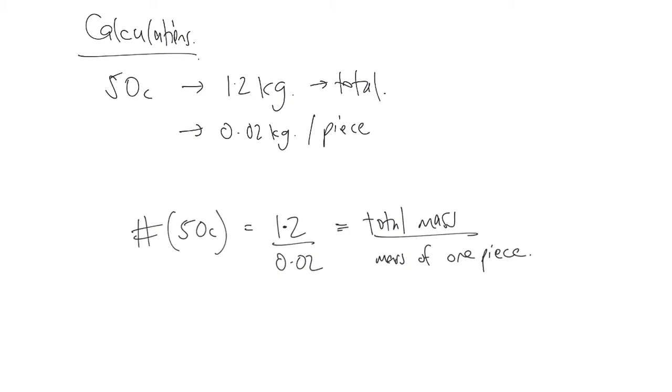Does that make sense? The total mass over the mass of one piece, and that would get me the total number of particles. So to do these calculations, to work out how many of these particles there are, that's what we're working towards, you need to know the total mass and you need to know the mass of one piece.